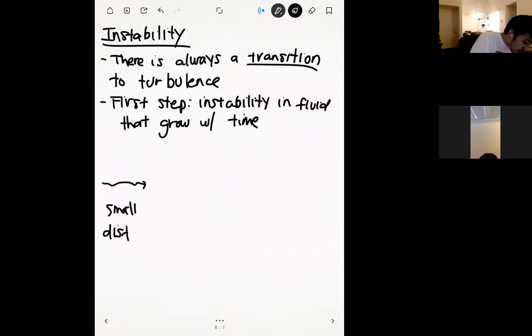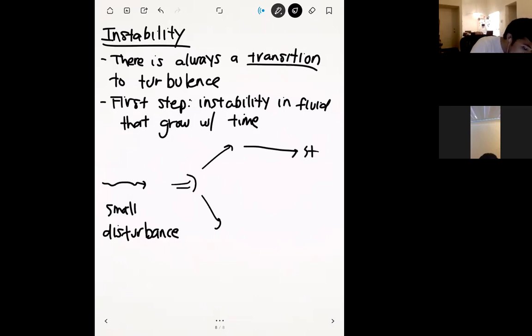And so what can happen with these small disturbances is one of two things. Okay? If certain conditions are met, such that the flow is stable, what a stable flow will do is take these small disturbances and damp them out. So instead of that small wiggly wave, what you get in the end is a straight line.